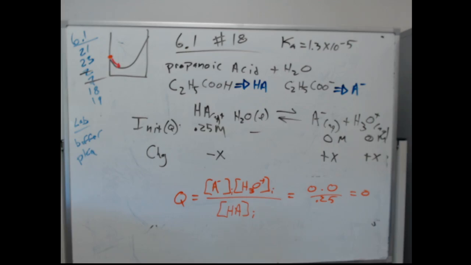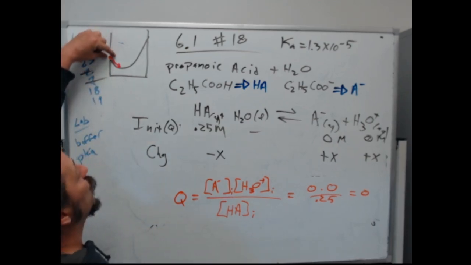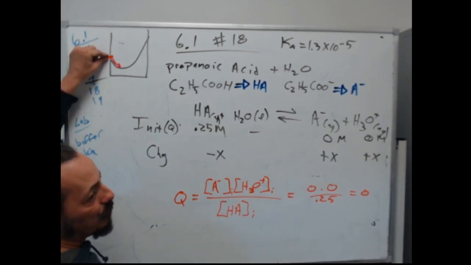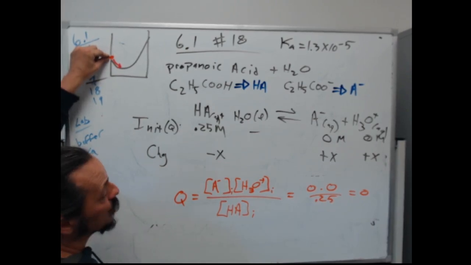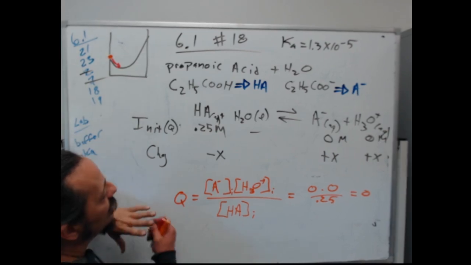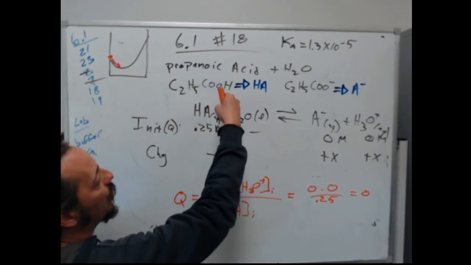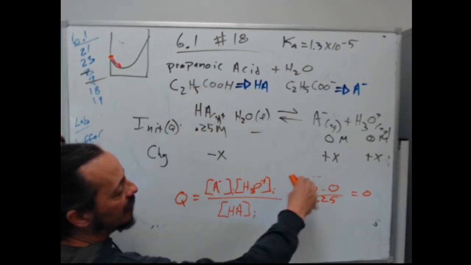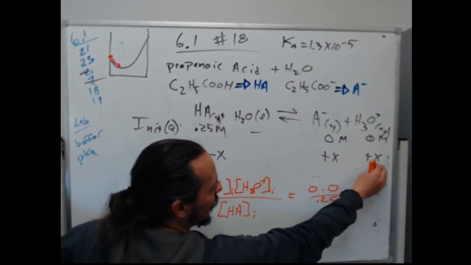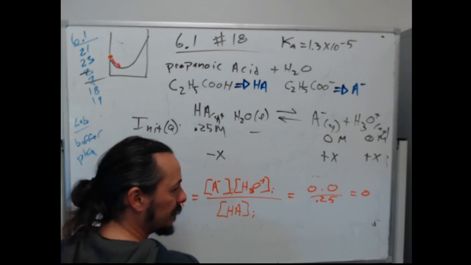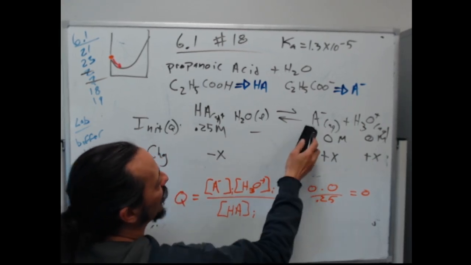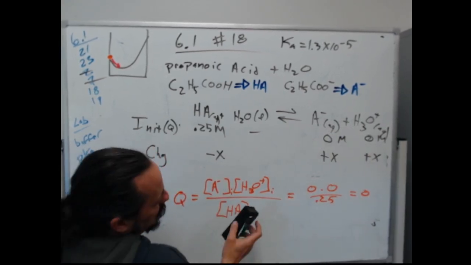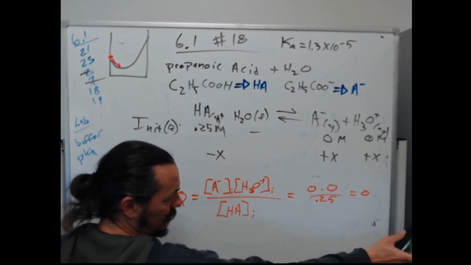So I fictionally hold our reaction up at the 0 point and say, what happens when I let go? It changes by breaking apart some of the weak acid to make this anion and this cation in solution. It breaks apart into A minus and H plus. I'm going to erase this orange.